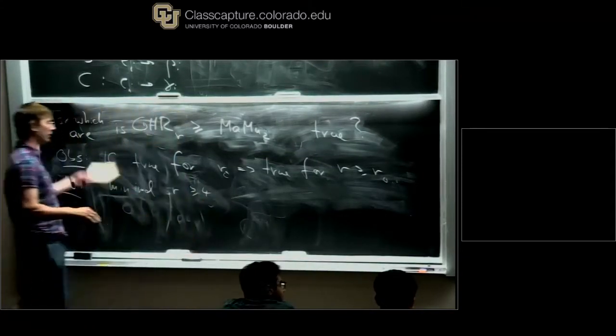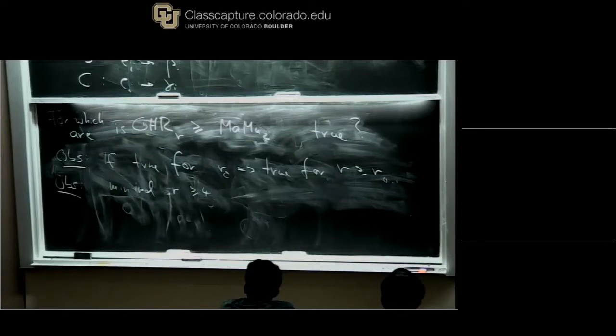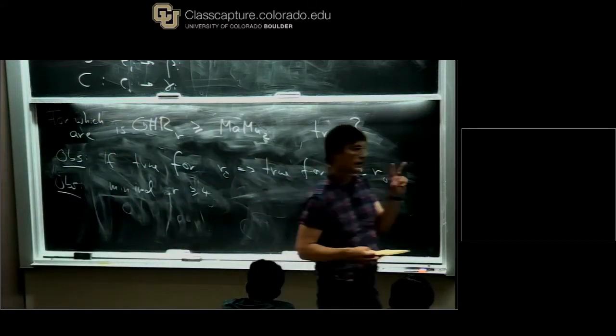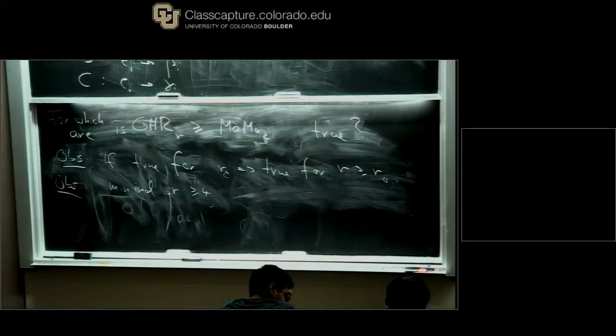And with that, all R for which this is possible have to be bigger than 4. Okay? But we still don't know. So we have now two bounds on the optimal R. Right? The optimal R is smaller or equal to 8, and it's bigger or equal to 4. Question is, what is the optimal R? Is it 4, 5, 6, 7, or 8? And the answer turns out to be 7.